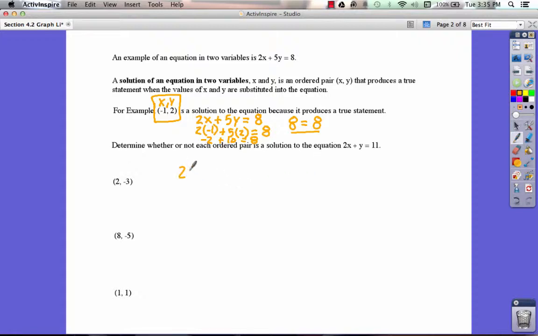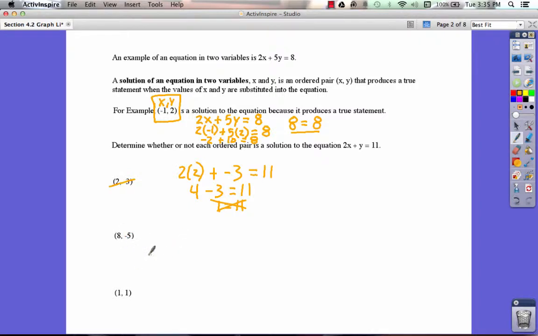That's 2 times 2 plus -3 equals 11. 2 times 2 is 4. Plus a negative means -3 equals 11. 4 minus 3 is 1. 1 equals 11. Is this true? No, it's not. So this right here is not a solution.